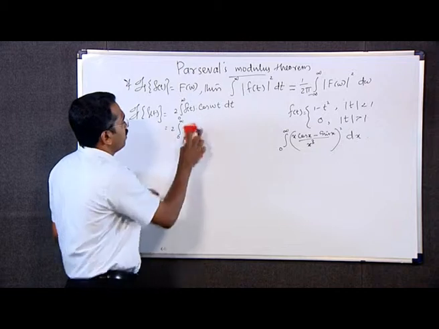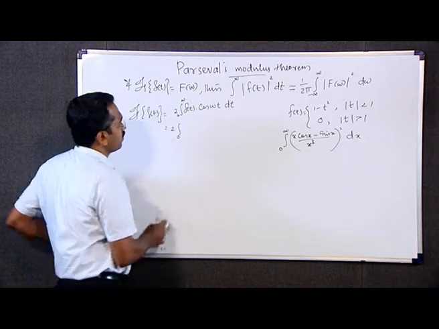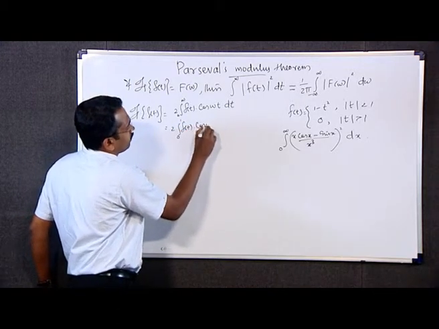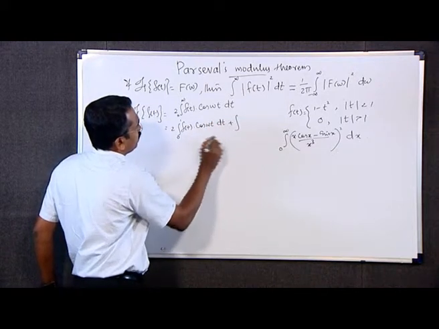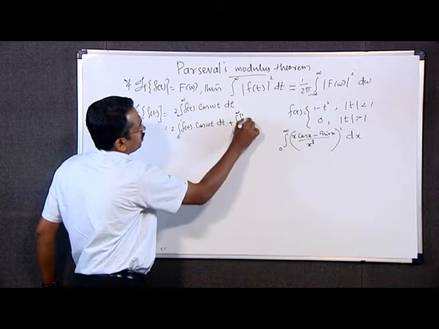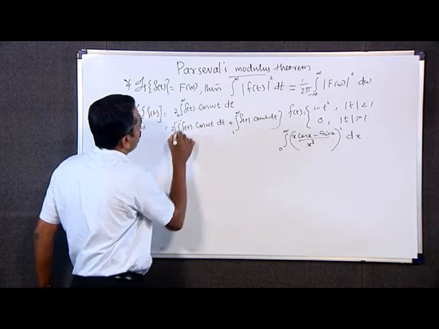We can split this integral 0 to infinity as 0 to 1 f of t into cos ωt dt plus integral from 1 to infinity f of t into cos ωt dt. This 2 is common.